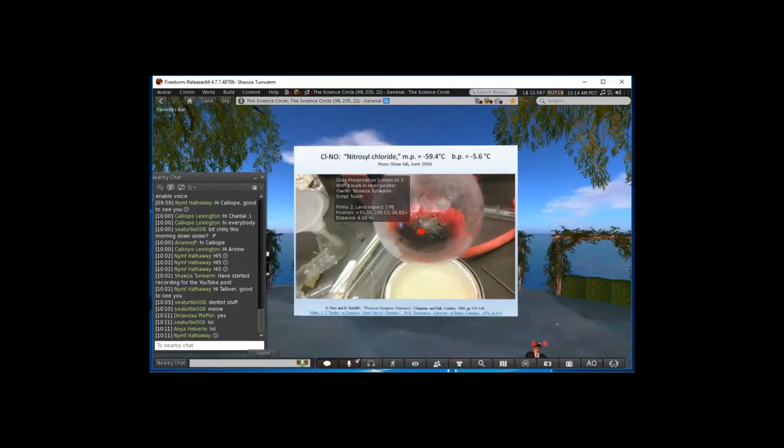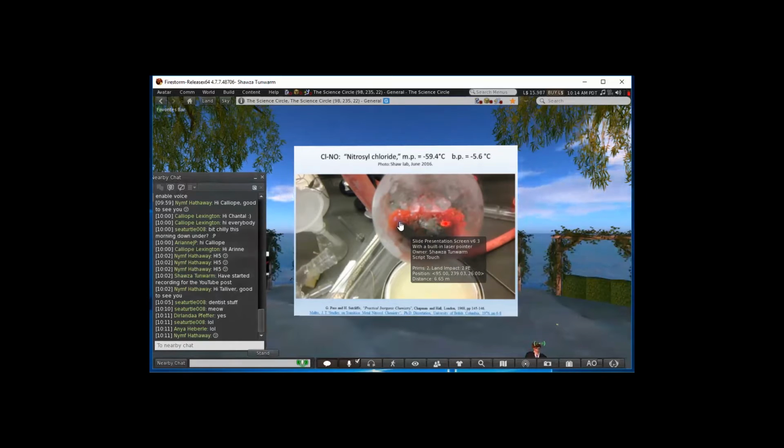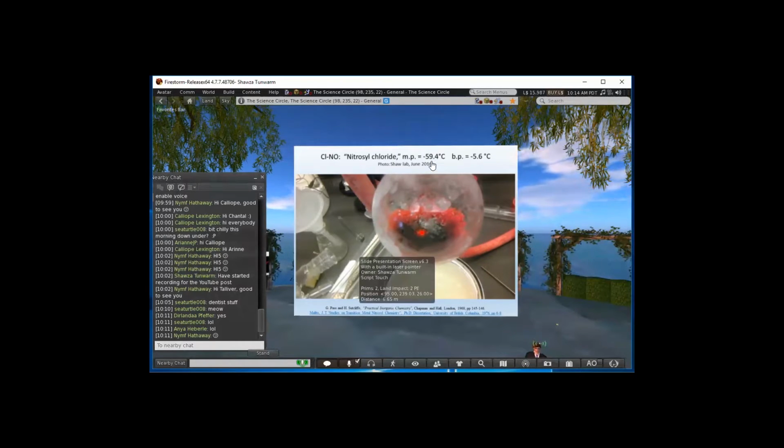It's not trivial to make, let's say, but this is a photograph from my lab. I made this with students about a month ago. It's called nitrosyl chloride. It's this kind of dark red stuff. Its melting point is minus 59 degrees Celsius.